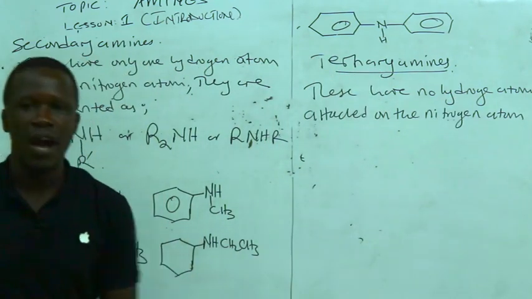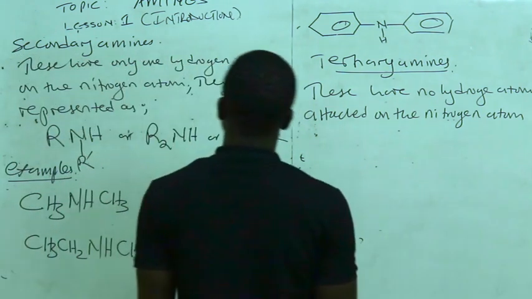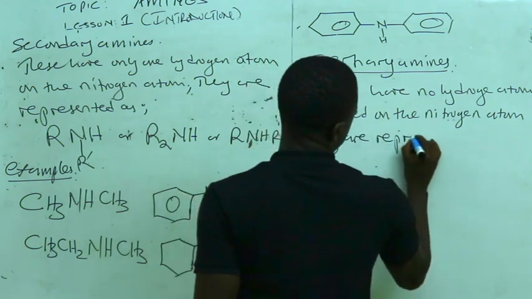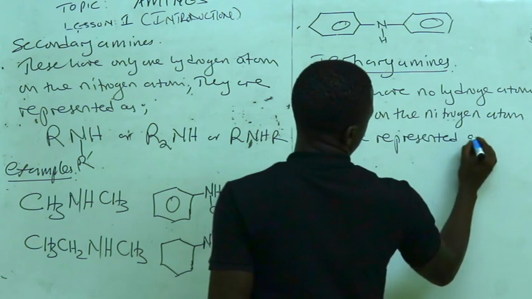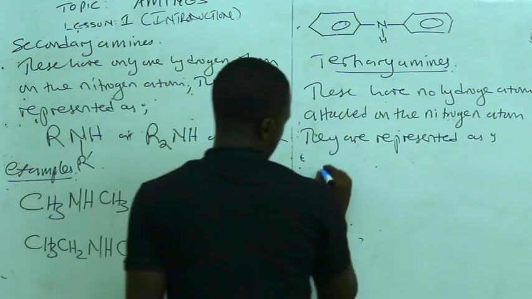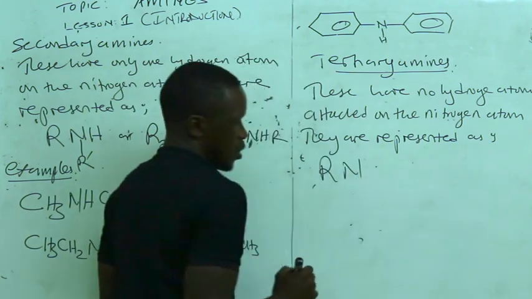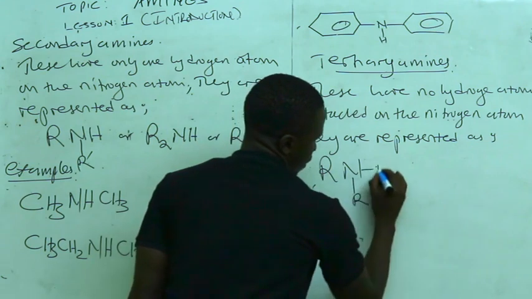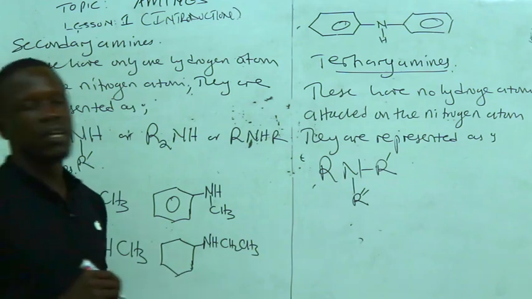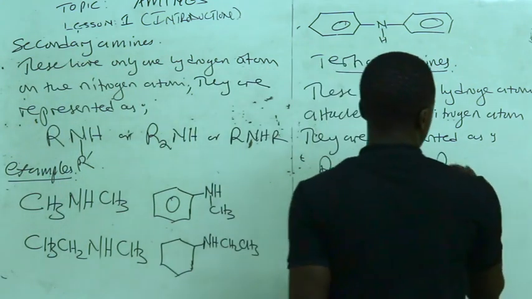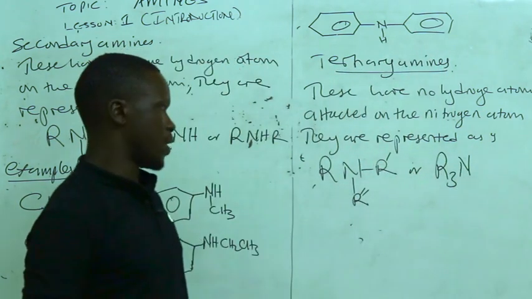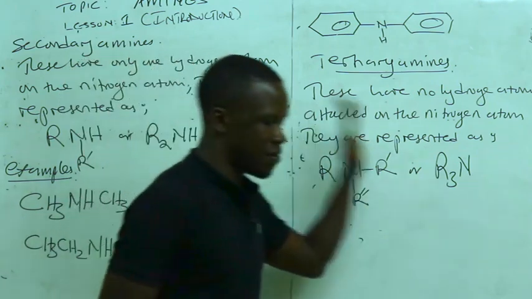They are represented as R3N. Now, instead of H, there are three R's, which could be the same or could be different. If they are the same, then we shall just say R3N. But they can as well be very different. They are represented as that.